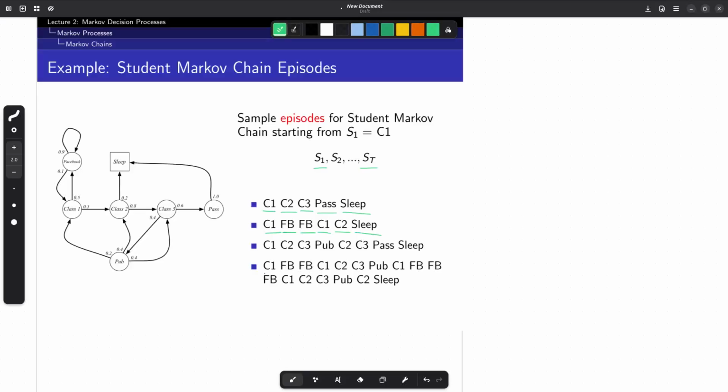This one starts from class one, Facebook, class one, class two, class three, then you go to the restaurant, then you go to class one, back to class one, again Facebook, a lot of Facebook, class one, class two, class three, again you go to the restaurant, you get back to class two, you are exhausted from all of the states that you have been in, and then you go to sleep. So you can sample different episodes from these MDPs.